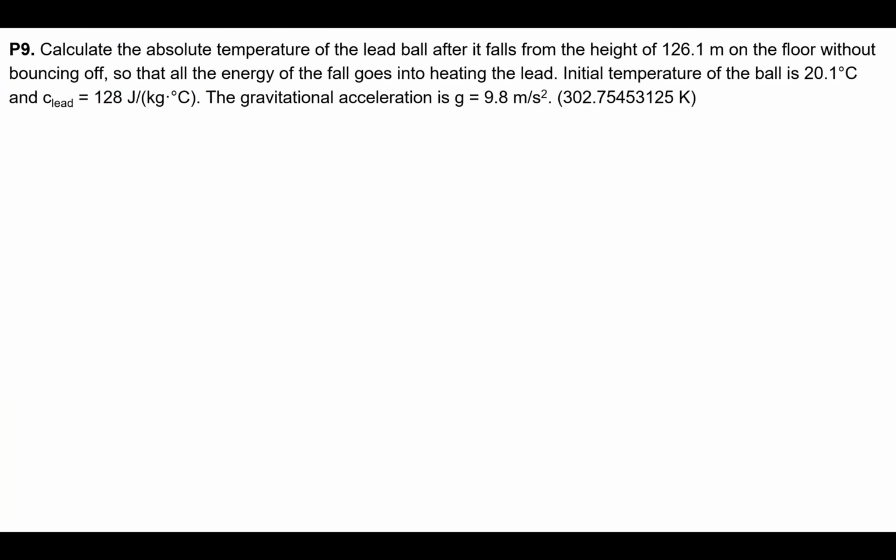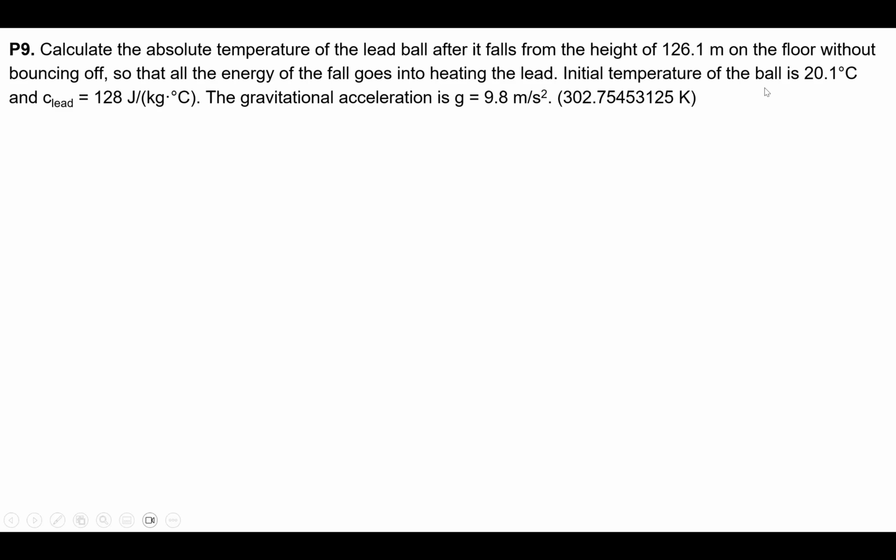Calculate the absolute temperature of a lead ball after it falls from a given height onto the floor without bouncing up, so that all the energy of the fall goes into heating the lead.